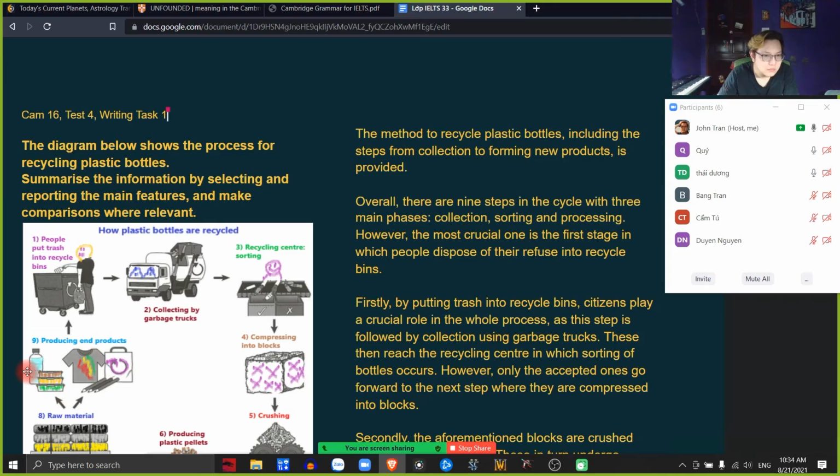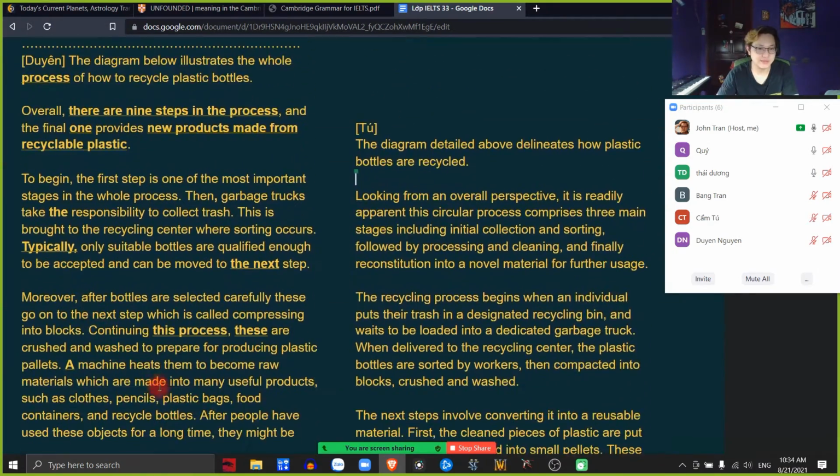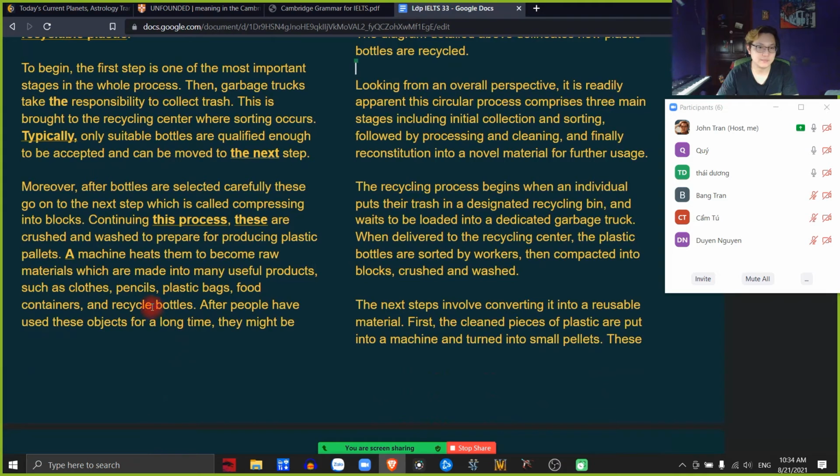What? These are basically recycled bottles. No, I think just say bottles.